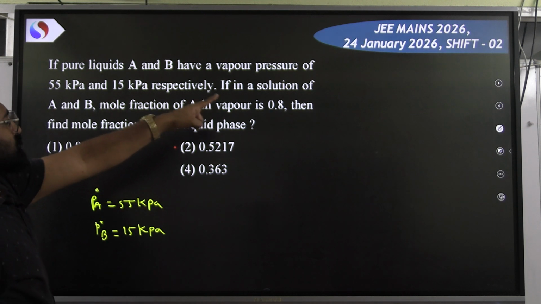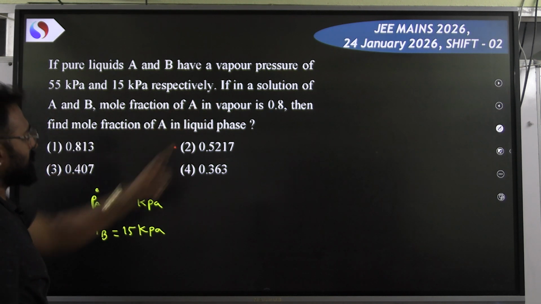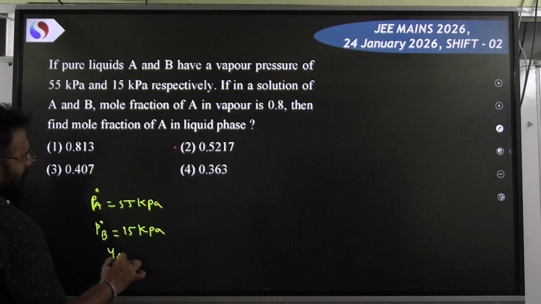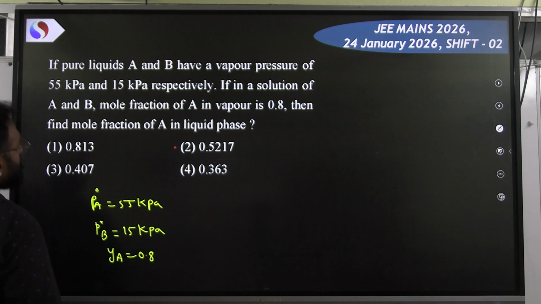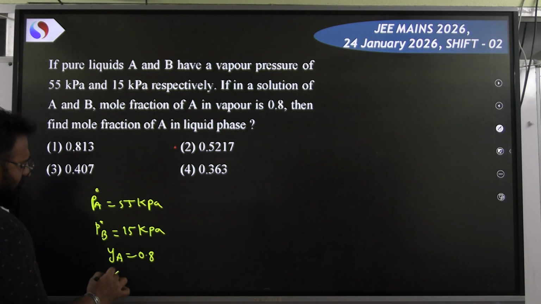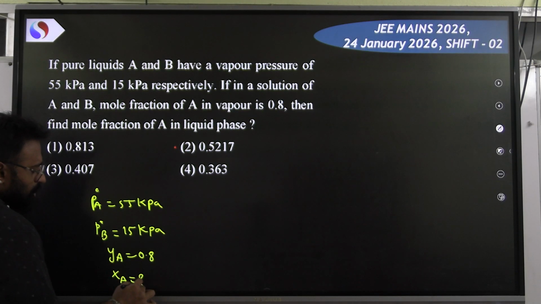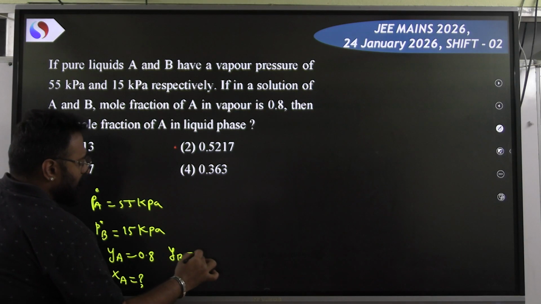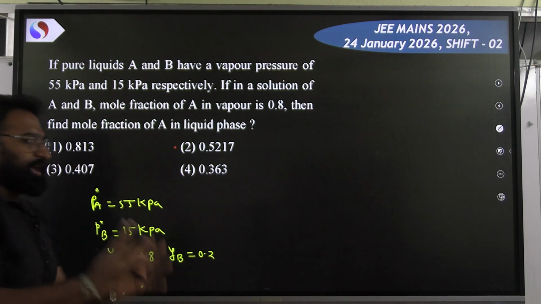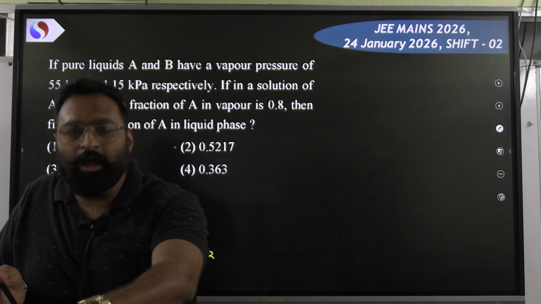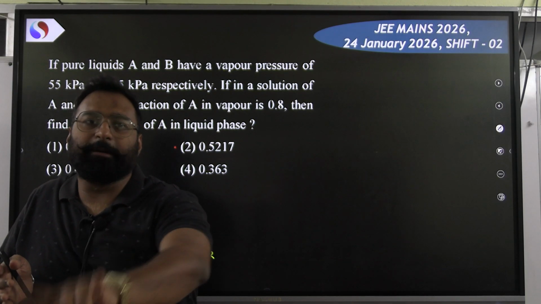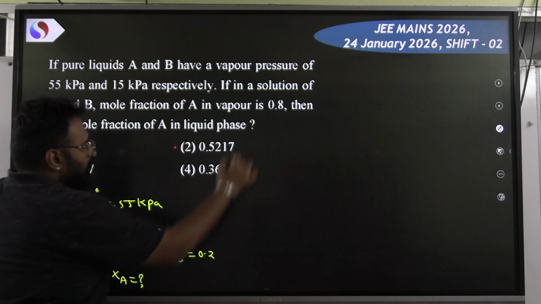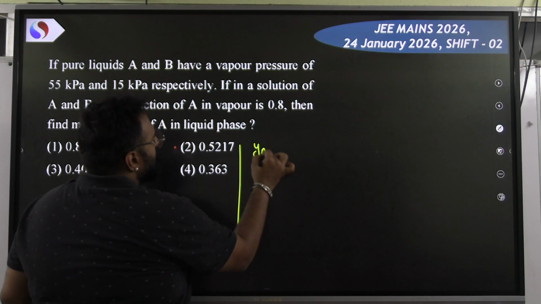If we make a solution of A and B, the mole fraction of A in vapor phase is Ya. We need to find Xa. So if Ya is 0.8, Yb will be 0.2, because the mole fractions, either in liquid phase or gaseous phase, total 1.